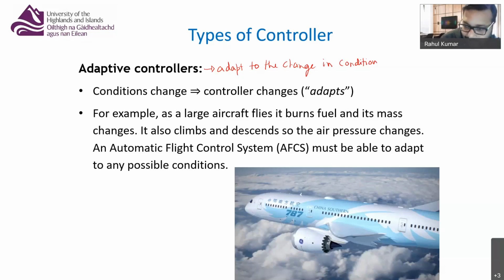If the condition of your system changes, the adaptive controller will take into account those changes and adjust its output. Okay. So for example, let's take an example of an automatic flight control system, right? Your automatic flight control system is an example of an adaptive controller.